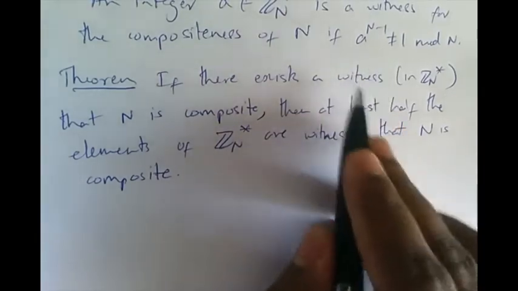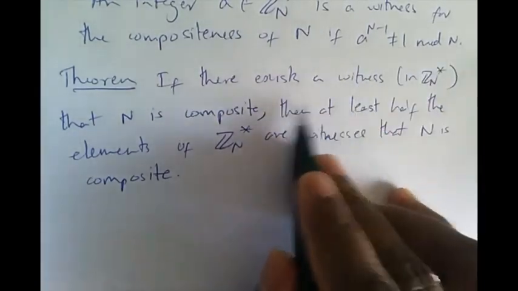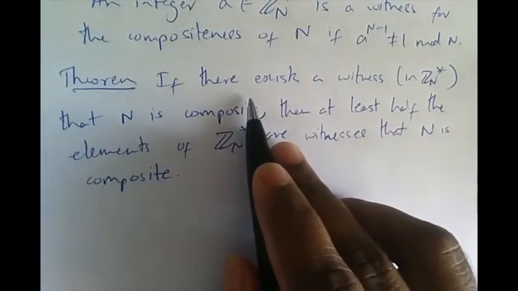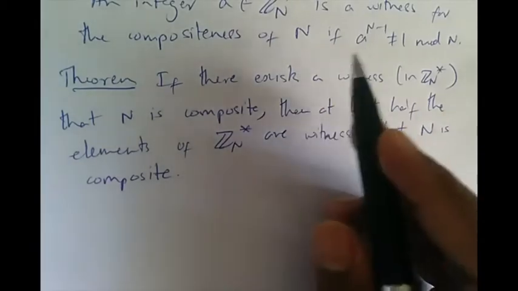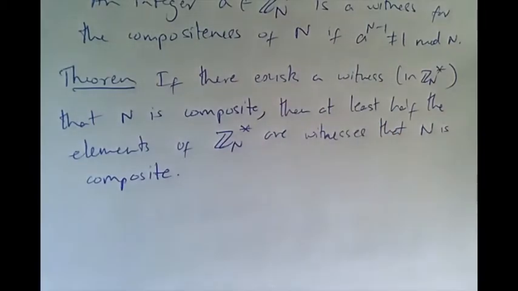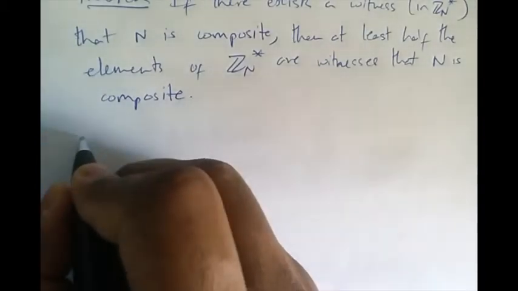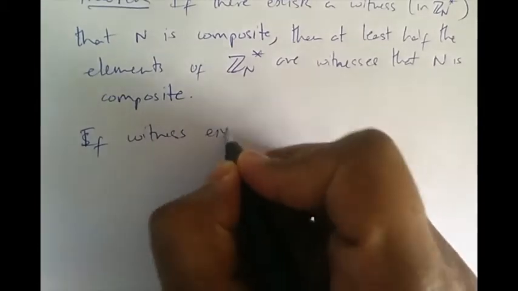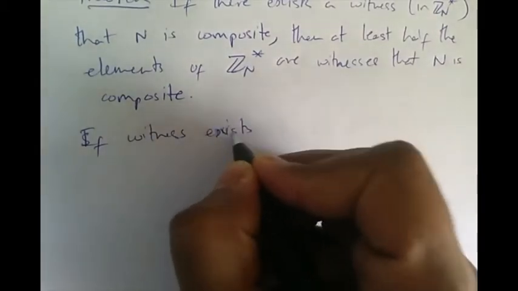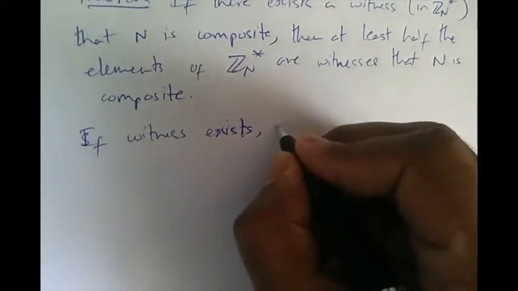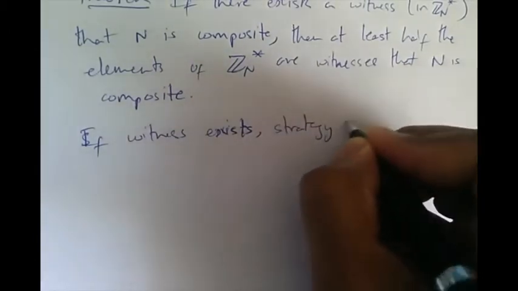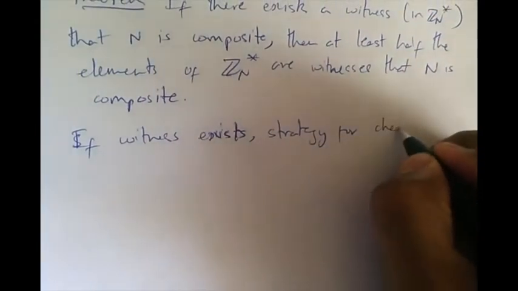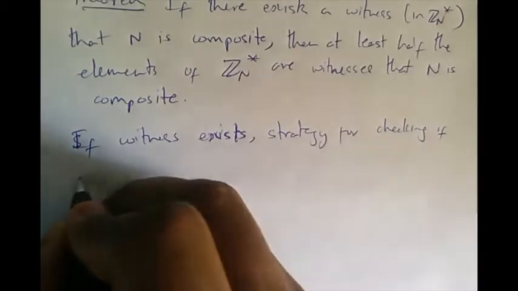But if such a witness in Zn star exists, then we can have the following strategy for deciding the primality, for checking if n is prime or not.